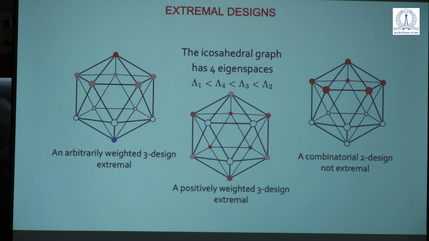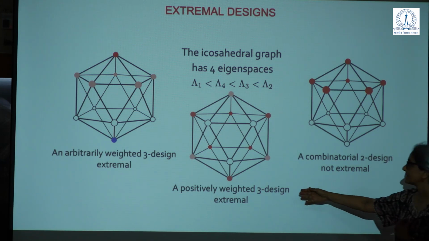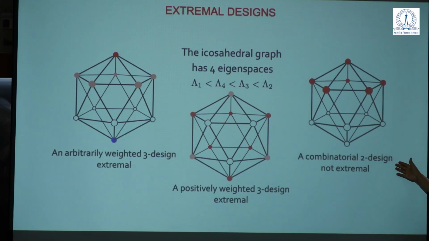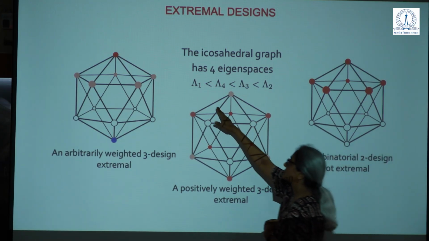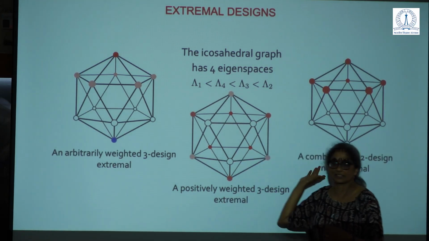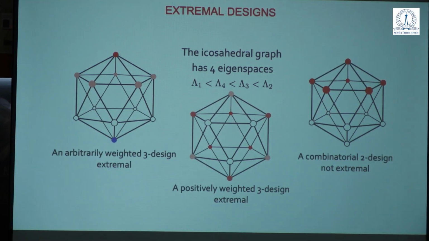So it's a 3 design, and that is an example of an arbitrarily weighted 3 design. That's extremal because it's leaving out only lambda 2. This is positively weighted, and if you look for a combinatorial one, you can't find one, but you can find one that averages the first 2. Okay? So this is the slide that we should have had before, right? Okay, so these are some examples of these designs.